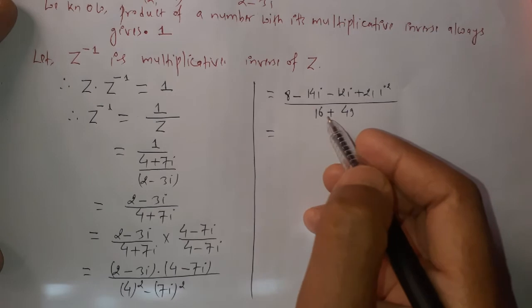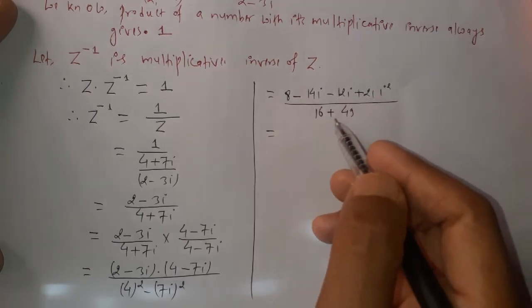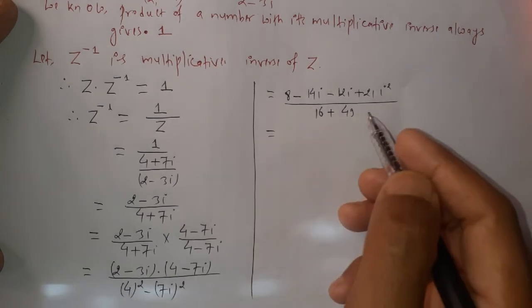In the denominator the result is a real number, and division of a complex number by a real number is very easy to calculate.